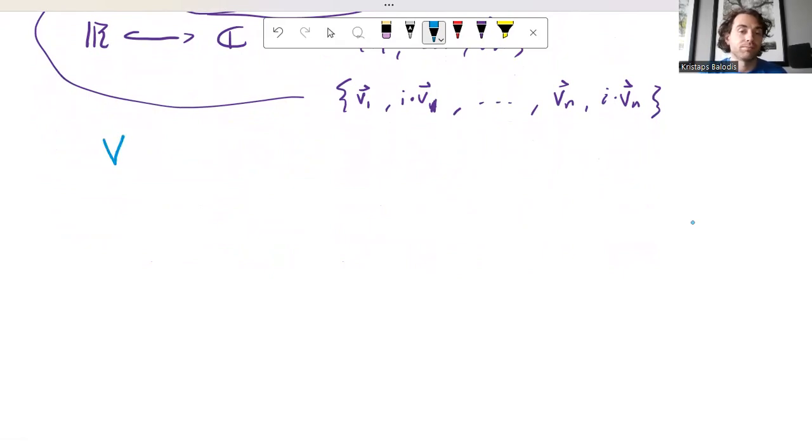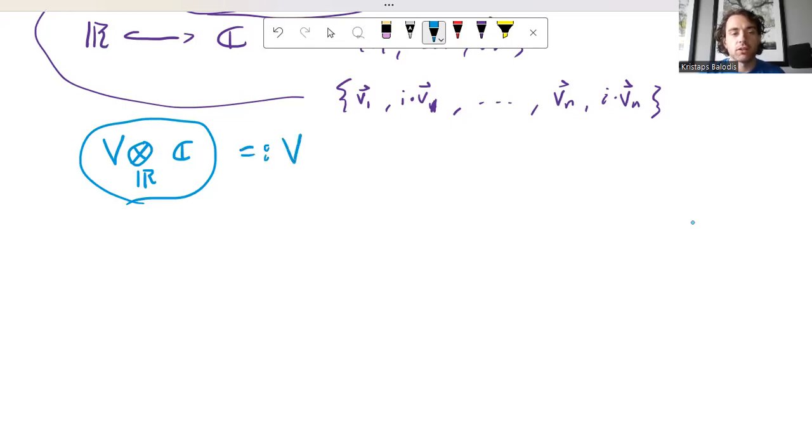So if V is a real vector space, then you can tensor with the complex numbers and you can get a complex vector space.